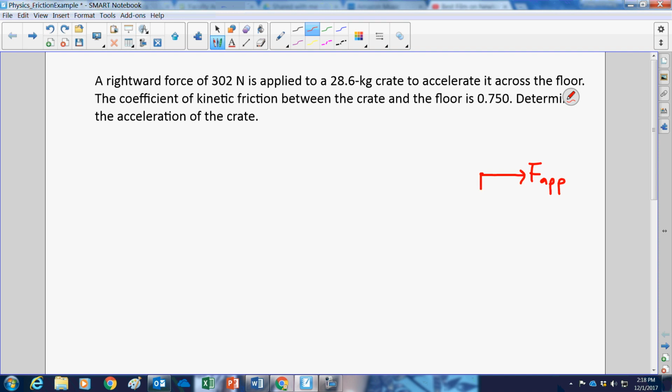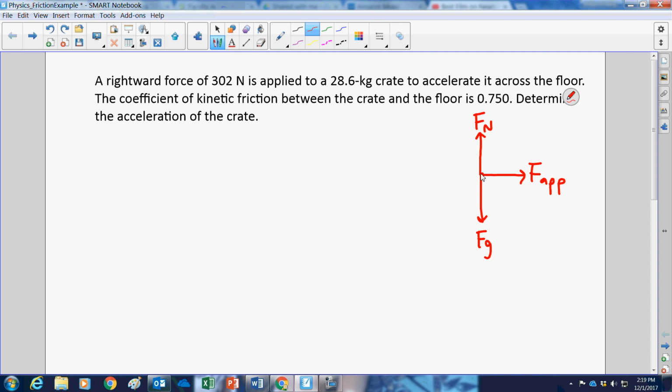Of course, it would have a force of gravity on it, and we'd be able to find that from the mass. It's not accelerating up or down, just horizontally. So we know that the normal force from the floor should be the same size as the force of gravity, just up instead of down.